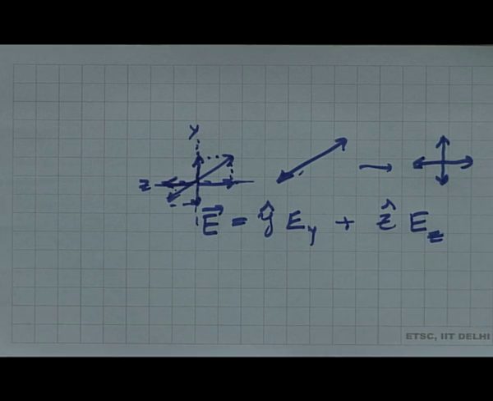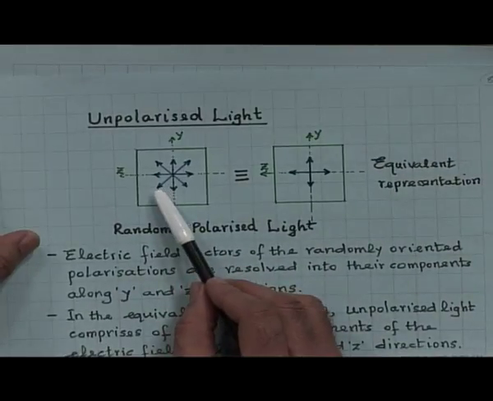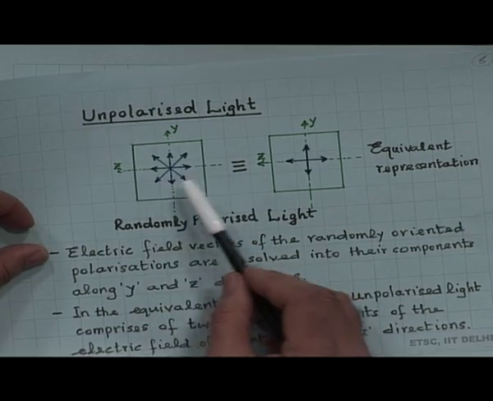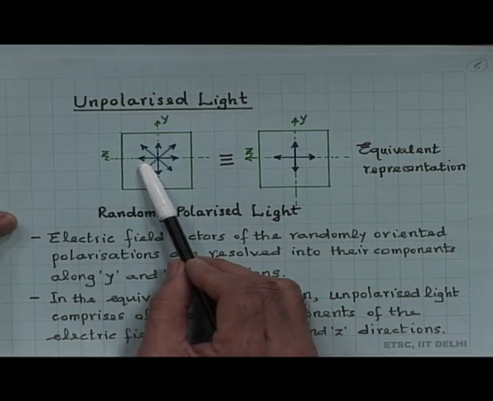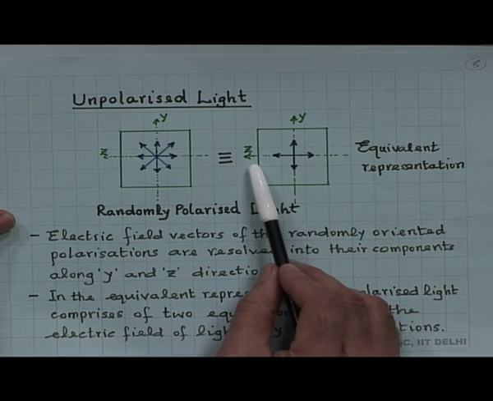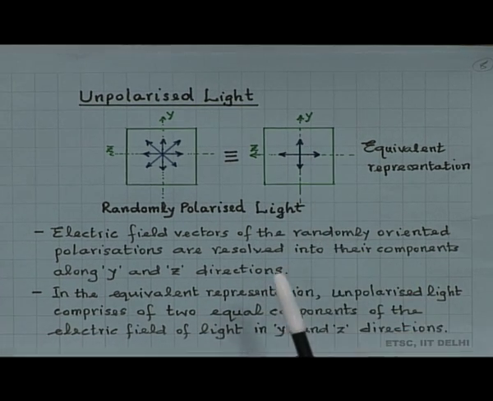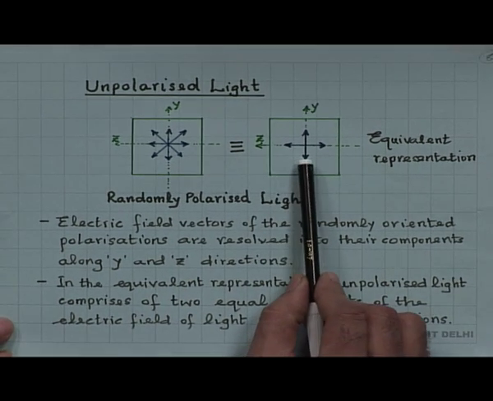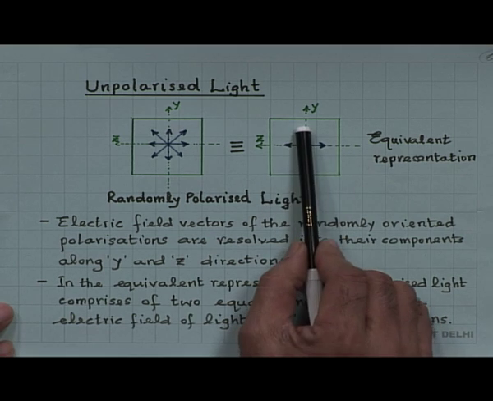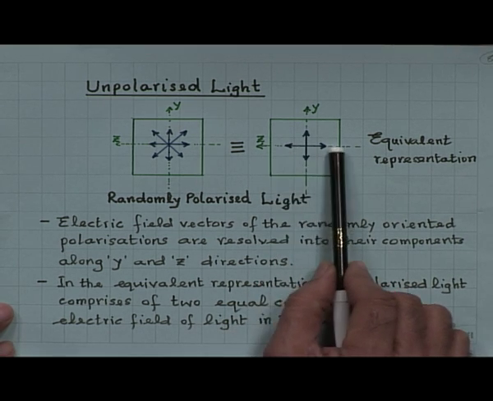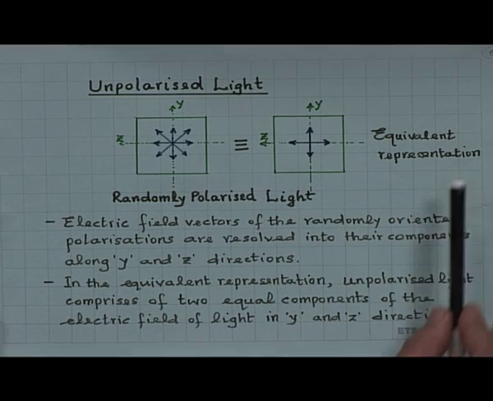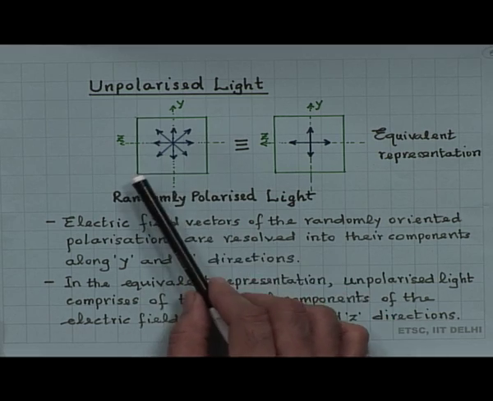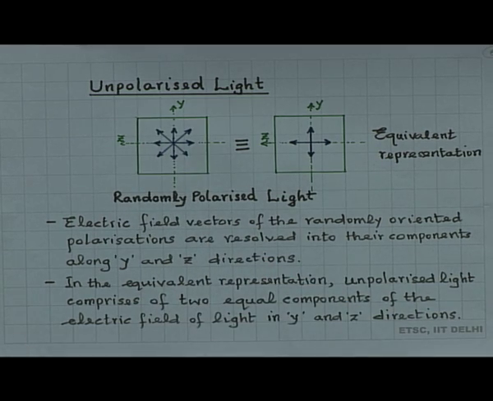Every randomly oriented component can be resolved along the y and z directions, and the net unpolarized light can be equivalently represented as one y component and one z component. This is an equivalent representation, but actually the electric field is varying randomly in different directions.